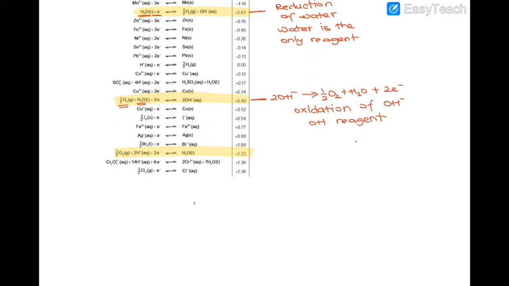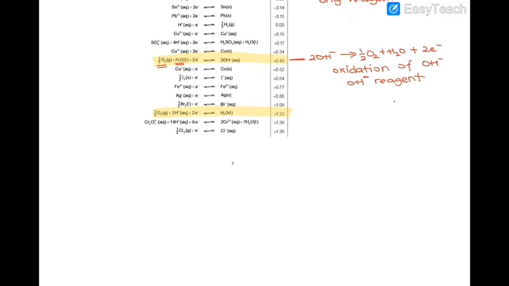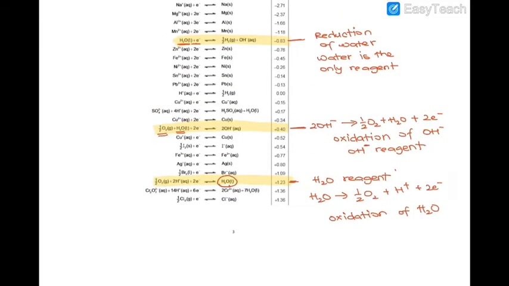If we look at the last equation, you have H2O on this side and then electrons are being produced. Because H2O is alone, H2O is the reagent. And if we look at the reverse of the equation, this reaction is showing the oxidation of H2O.